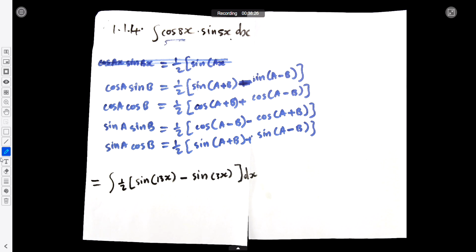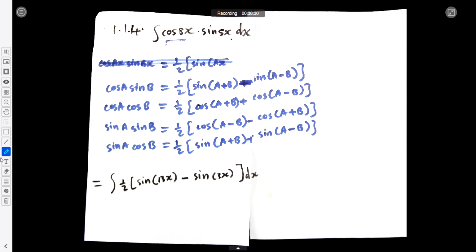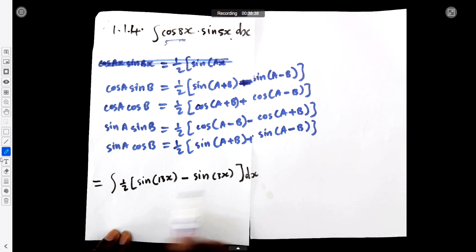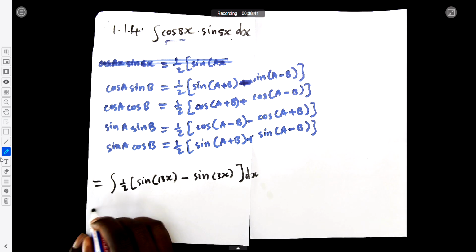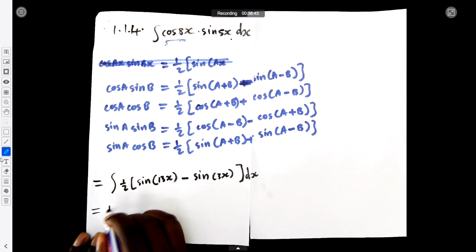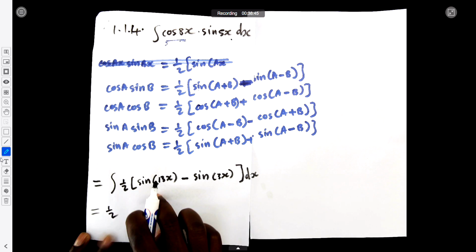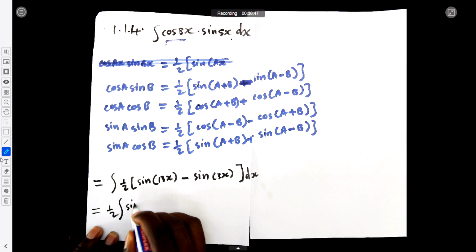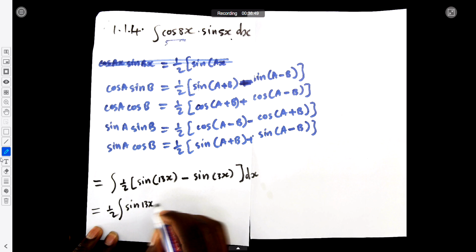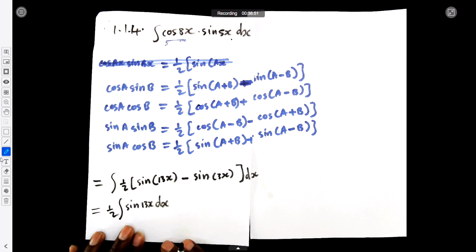Because we're integrating, let's not forget that even though we're utilizing the identity, we still have to integrate the function. We're trying to simplify into its simplest form, so that now at least we have sum or difference of functions, and we can integrate them. Before we integrate, half still multiplies sine 13x, and we can integrate it in terms of x.